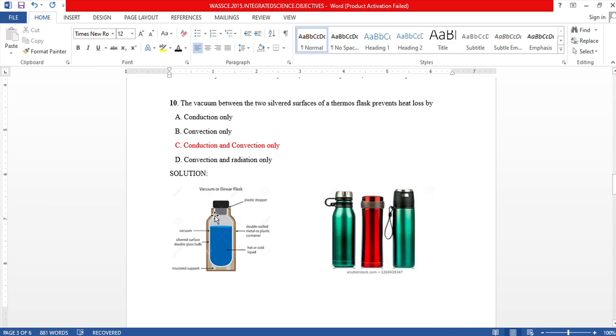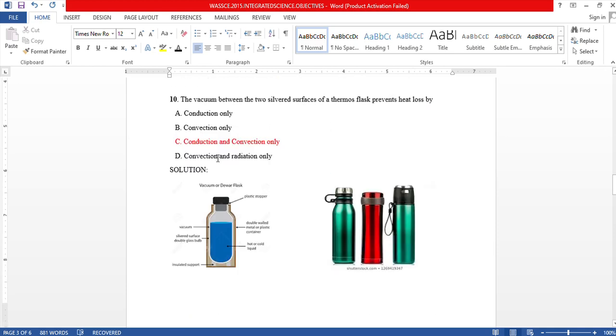So if this side is a vacuum, what it means is that if the inner side of the vacuum is heated, there's no air to carry the heat to this side. So it means that over here it's going to prevent heat loss to the outside or to the surroundings. So the vacuum here will prevent heat loss from the hot liquid toward the outside. So let's take note of that.